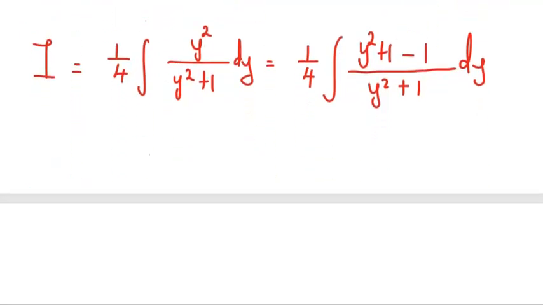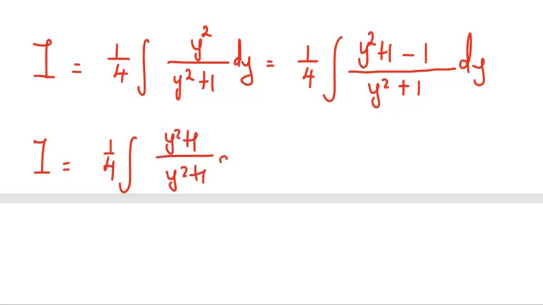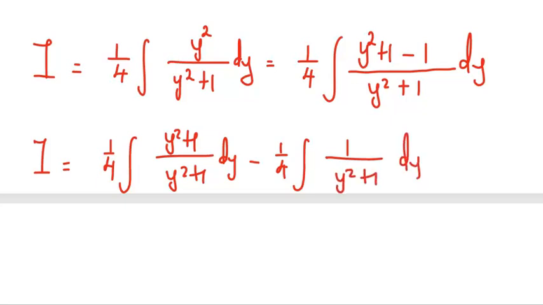And what is next? Splitting of denominator time. So I is going to be equal to 1 by 4 the integral of y squared plus 1 divided by y squared plus 1 dy, right? Then minus 1 over 4 the integral of 1 divided by y squared plus 1 and then dy.